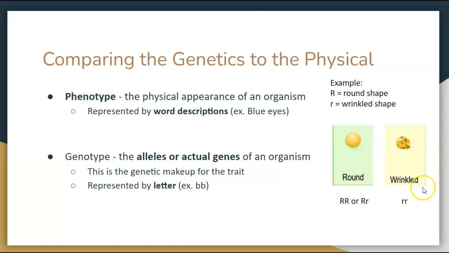So again, just really quickly, for our example of round and wrinkled shapes, we have round seeds. Round is our phenotype, and there are two possible genotypes for this. We could have homozygous dominant, two capital R's, homozygous meaning the same, dominant meaning capital letters, or heterozygous, meaning different.